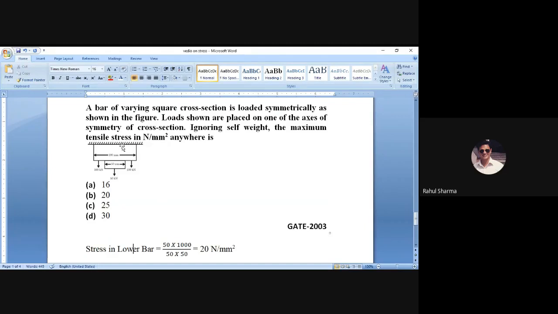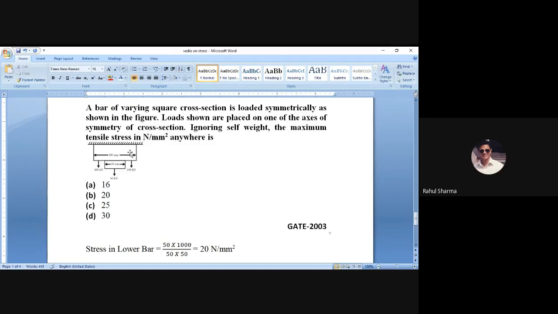Now similarly, at the intermediate section, the value of load is 100 plus 100 plus 50. This means the resisting force that will be developed in this bigger bar, in this upper bar, will be 250 kilonewton in magnitude.